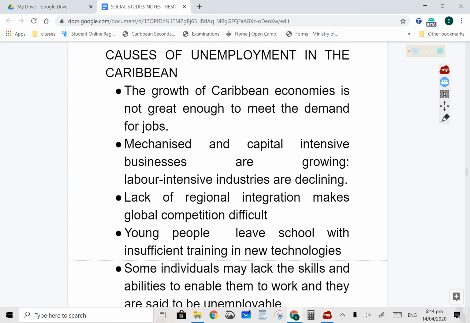Mechanized and capital intensive businesses are growing, meaning a lot of businesses are turning to machines, because mechanized and capital intensive is basically saying the same thing. It means that businesses are using more machines than human beings to do jobs, right?